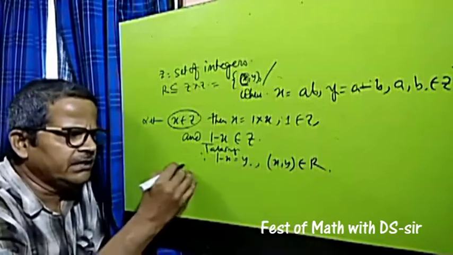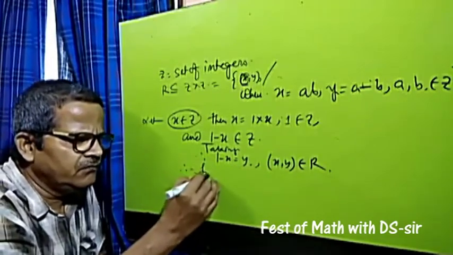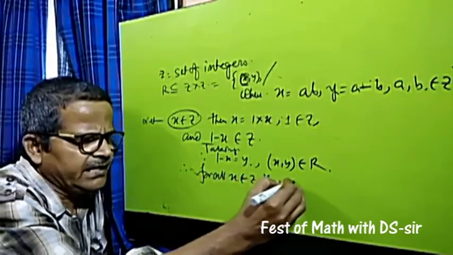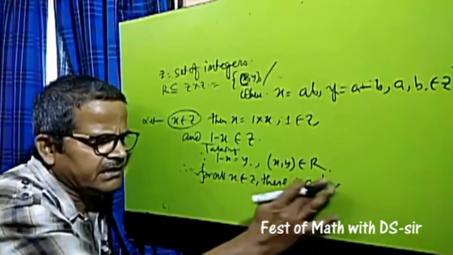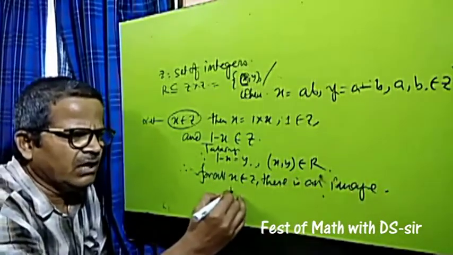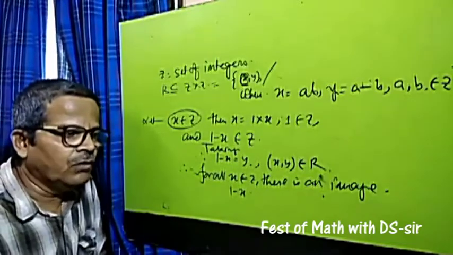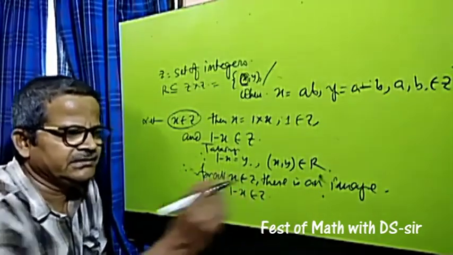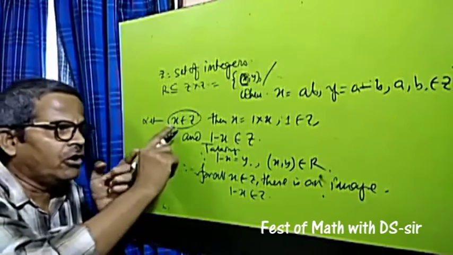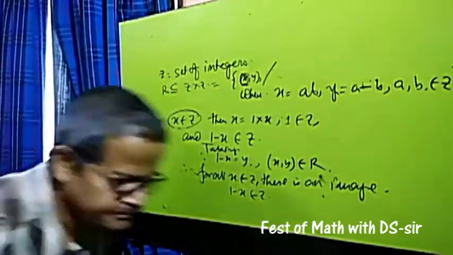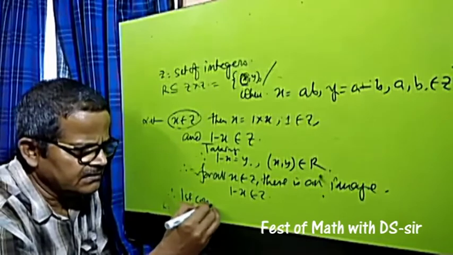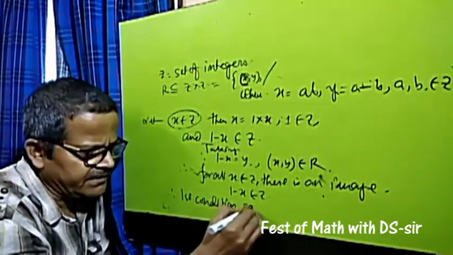So (X, Y) belongs to R. Hence, for all X belonging to Z, there is an image, 1 minus X, which belongs to Z. So it is satisfied that all elements of Z have an image. So the first condition is satisfied.